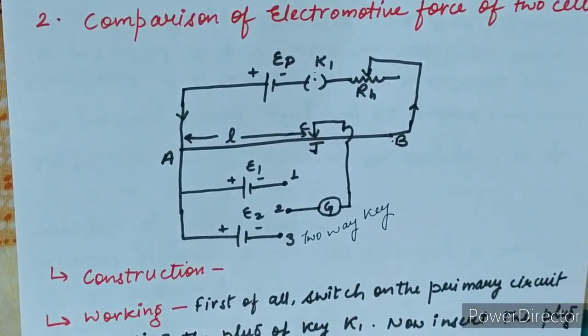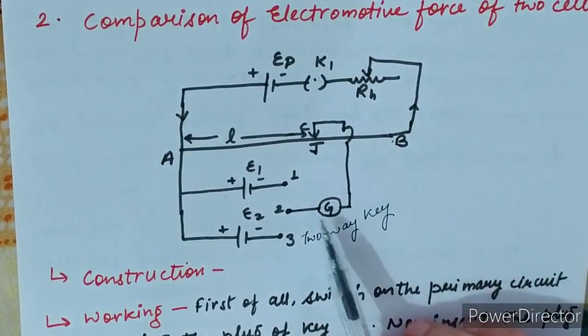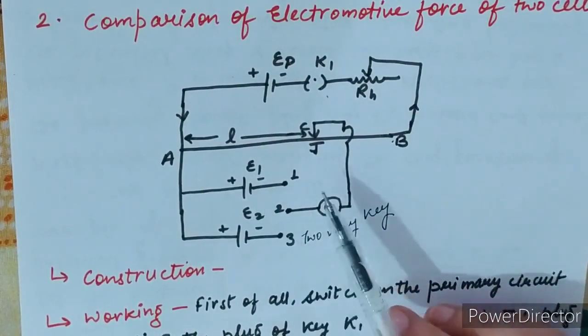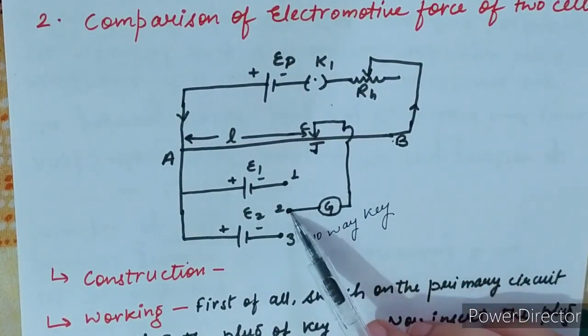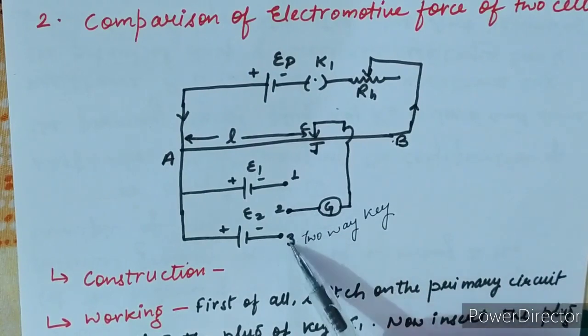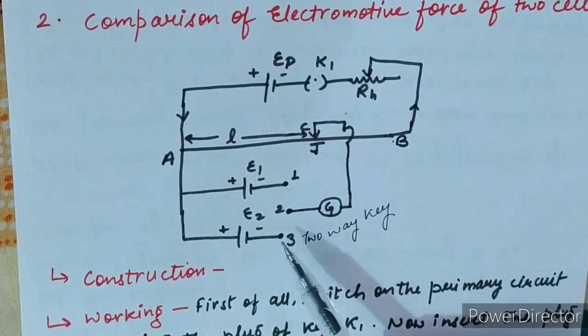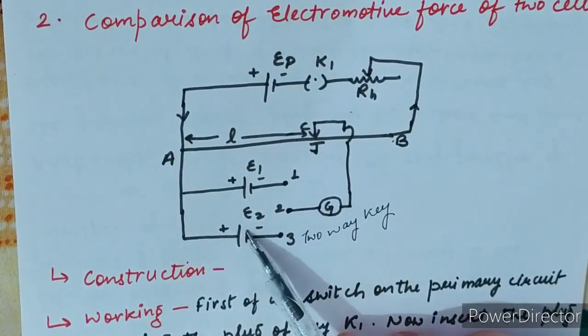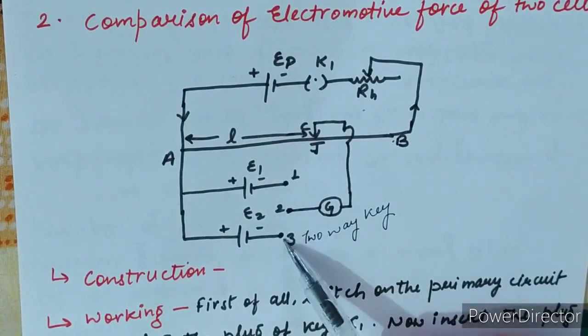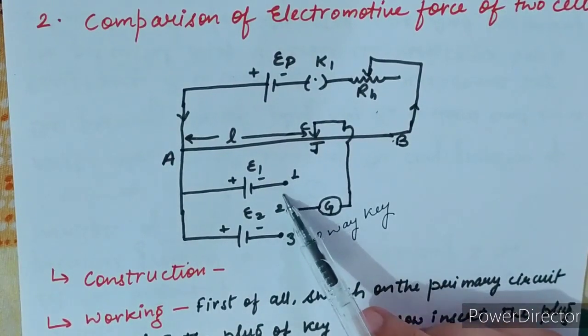When we want to use only the cell E1, we close 1 and 2, and 2 and 3 remain open. When we want to take the value of E2, 2 and 3 become closed, and 1 and 2 become open.